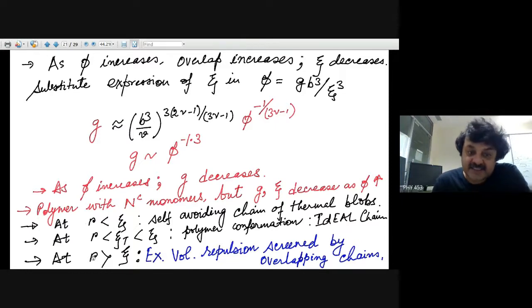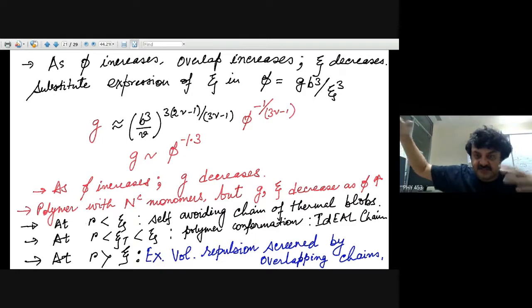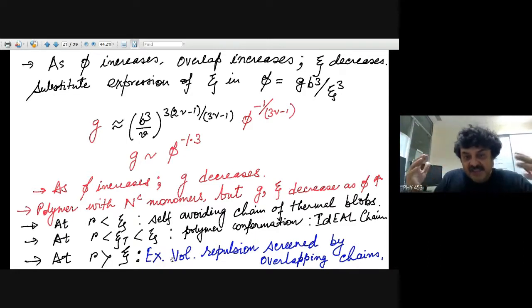But at length scale R greater than the correlation blob length scale, the monomers are also being pushed by the monomers of other chains, right? The red interacting with the blue, and that essentially compresses the monomers of the central chain.